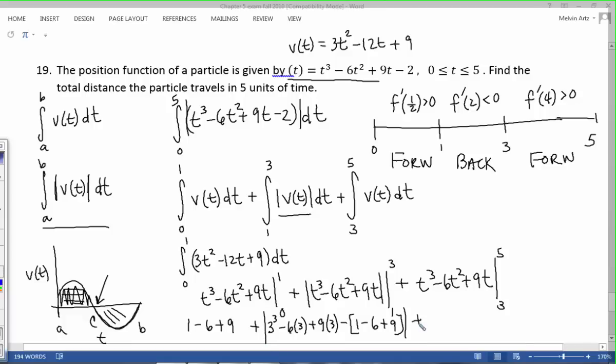And then plus, we would have 5 cubed minus 6 times 5 squared plus 9 times 5 minus, now we're plugging in 3, minus 6 times 3 squared plus 9 times 3.